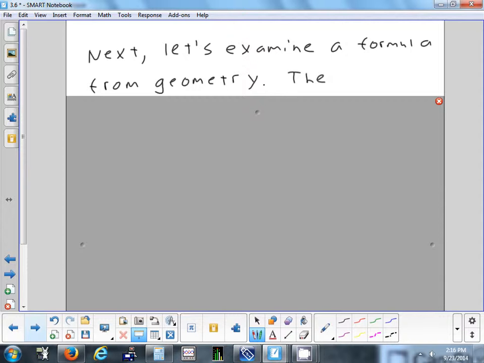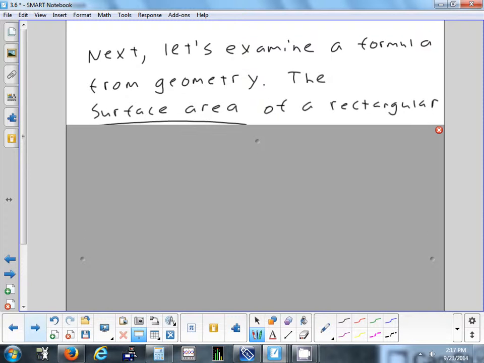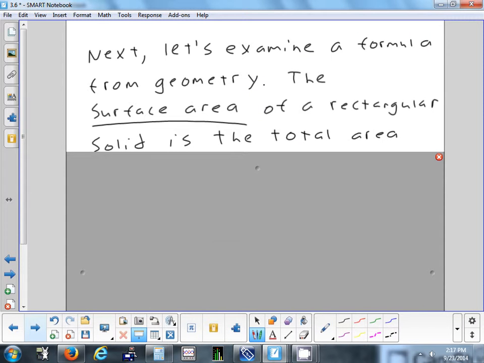Okay, so last formula we're going to do is from geometry. So we're going to look at the surface area of a rectangular solid.